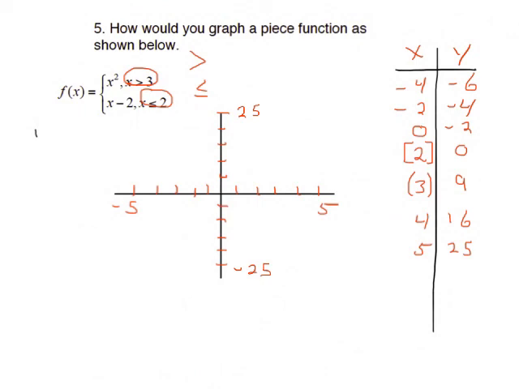So, looking over here, I'm at negative 4, so I'm going to go out here at negative 4, and I'm going to go down to negative 6. So it's going to be approximately right there. Okay? Then I'm at negative 2, and it's at negative 4, so it's approximately right there.